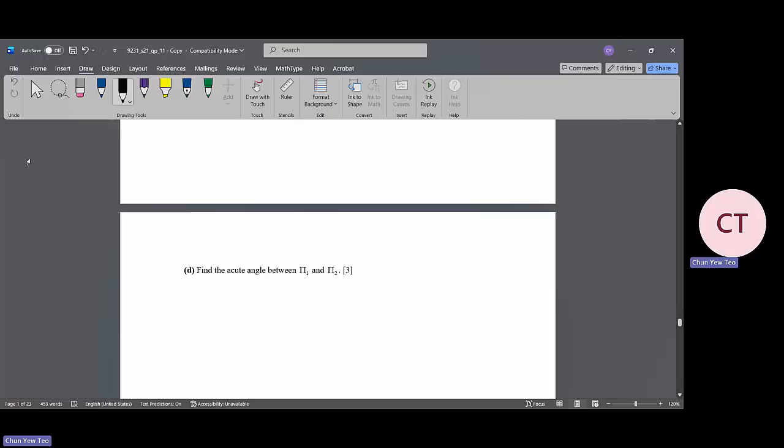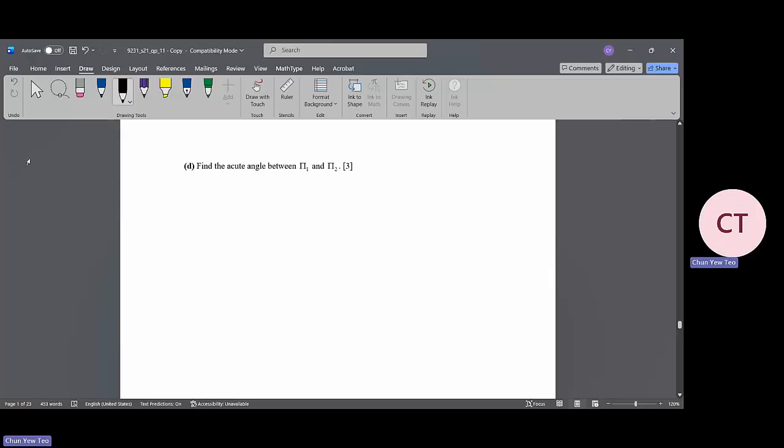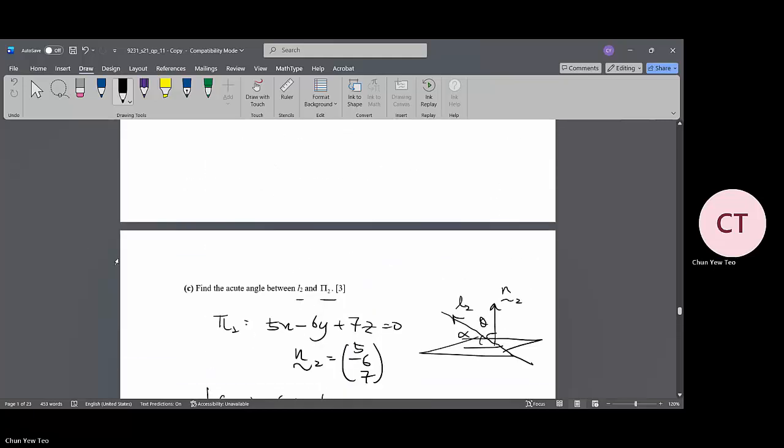Now move on, we have 6D. We want to find the angle between pi 1 and pi 2. So our N2 just now was 5, negative 6, 7. So now I need to find the N1.